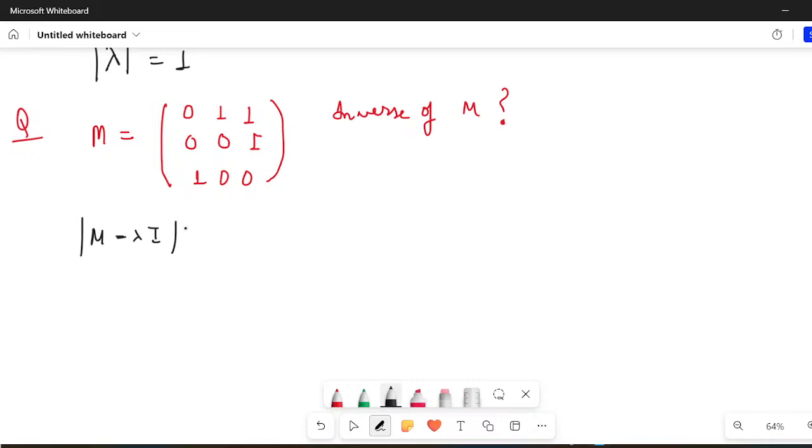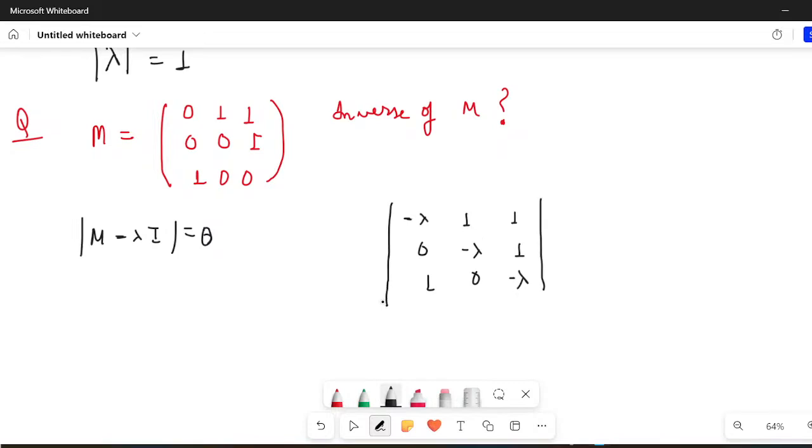Then I will get a characteristic equation, and I know that every matrix satisfies its characteristic equation. So I'll get minus lambda 1 1, 0 minus lambda 1, 1 0 and minus lambda, and this is the determinant.